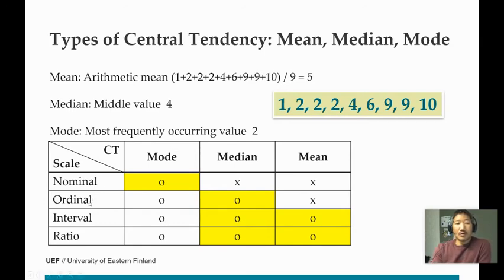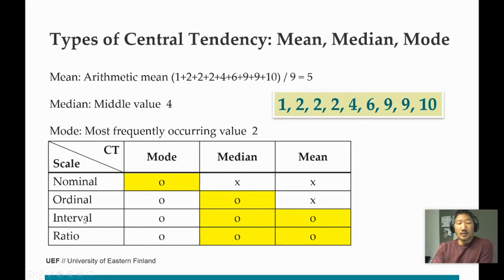And when you are using the ordinal scale, you can use the mode and median. Since the ordinal scale does not have the exact differences between the values, you cannot calculate the average, but instead you can use the median as the central tendency.